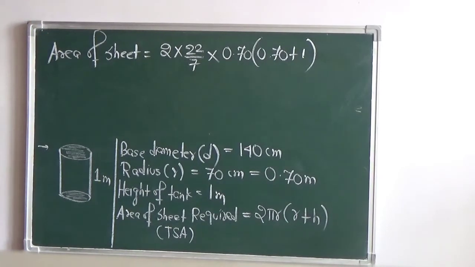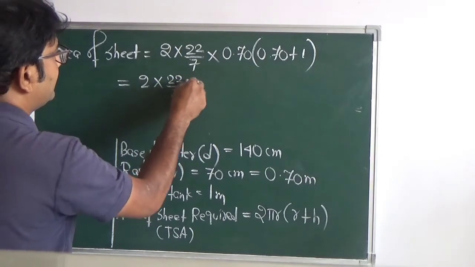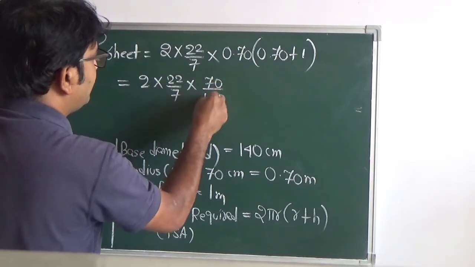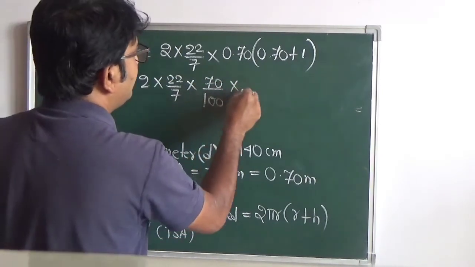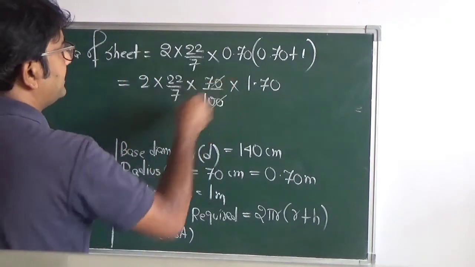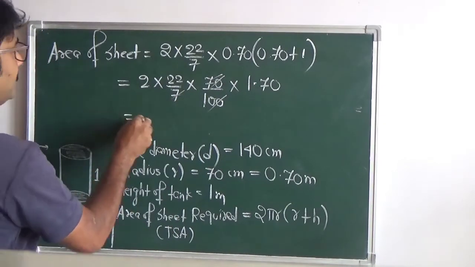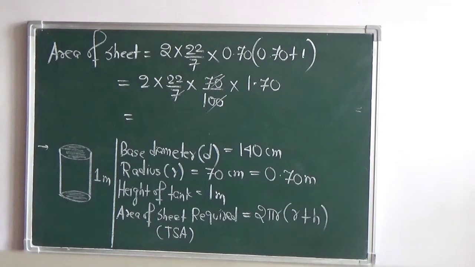So in this case, we need to calculate this. So 2 into 22 by 7, you can write it as 70 by 100 into 1.70. So this will be cancelled out, 7 also.